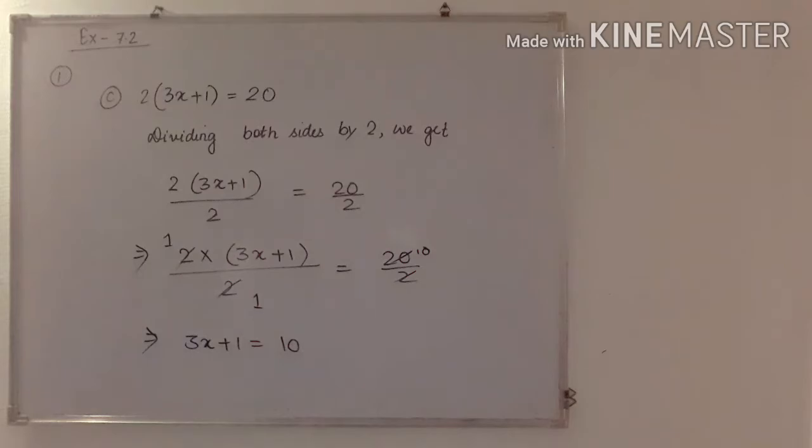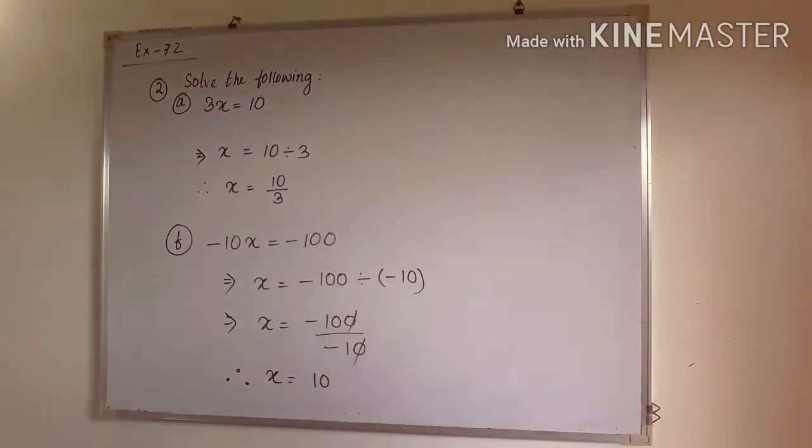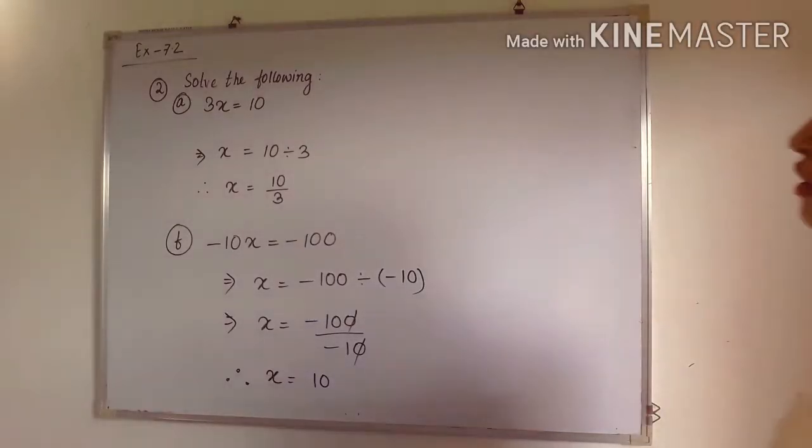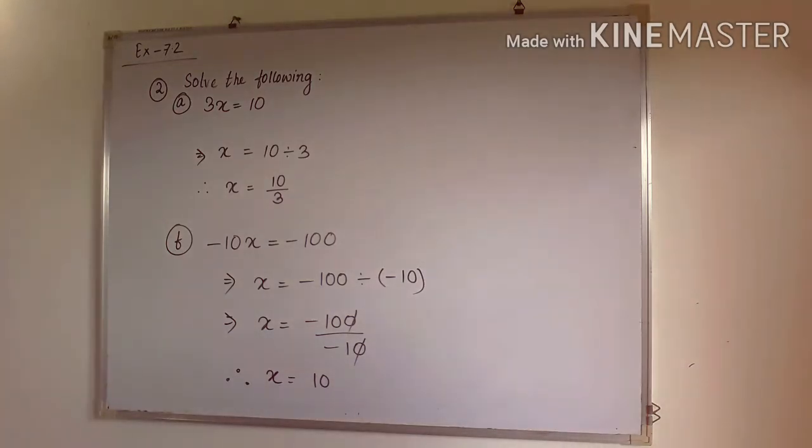Okay students? So students, the next question is question number 2. Solve the following. So what is the meaning of solve the following? Here we need to solve the equation and we have to find the value of the unknown. So here the unknown is x. In question number A, the unknown, or you can say the variable, is x.